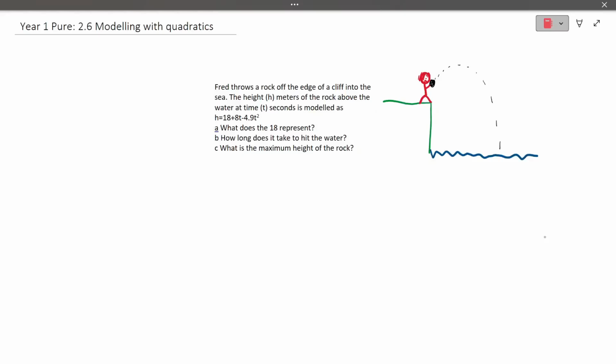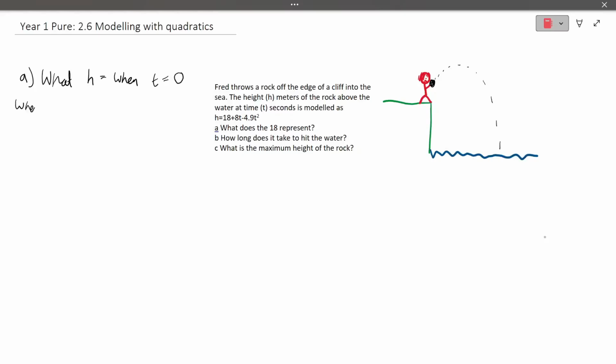So part A is what does the 18 represent, and that's worth 1 mark. Well, if you look at it, that's what's normally called the y-intercept. But also, it's what h equals when t equals 0.